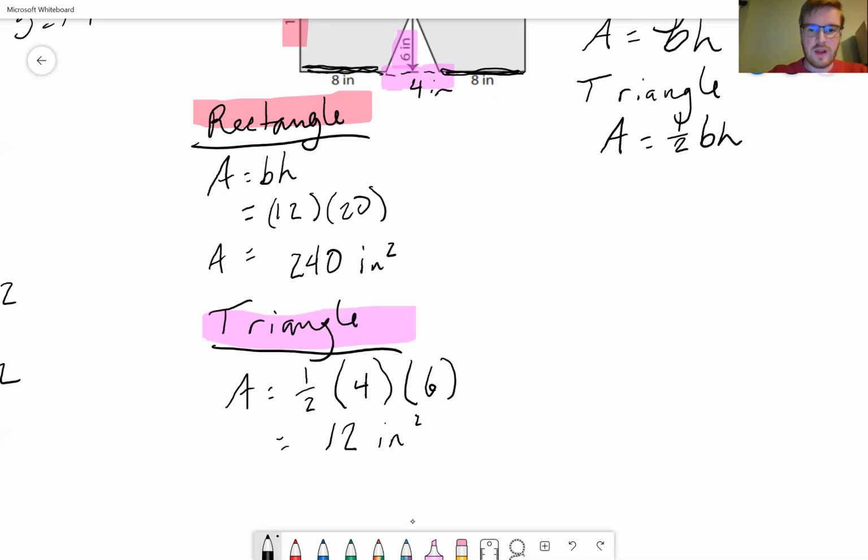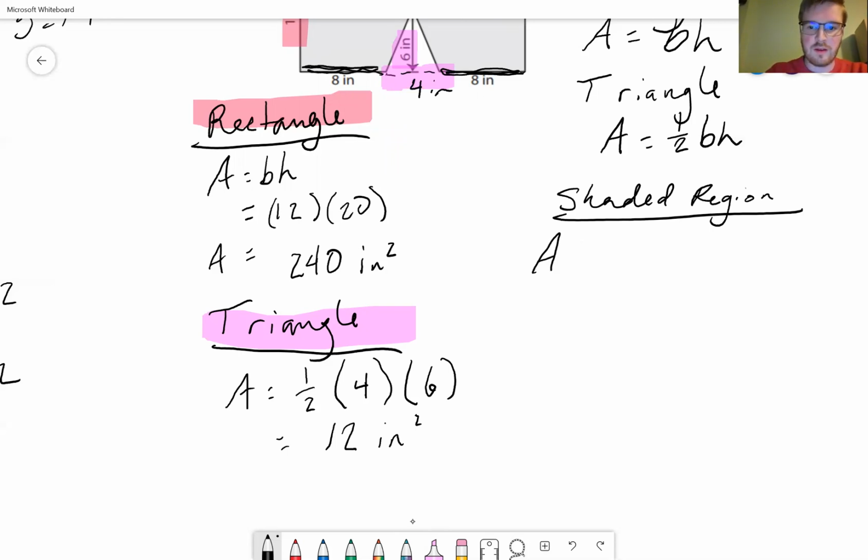So now for the overall area of the shaded region, we're just going to take the area of the rectangle and subtract it by the area of the triangle.